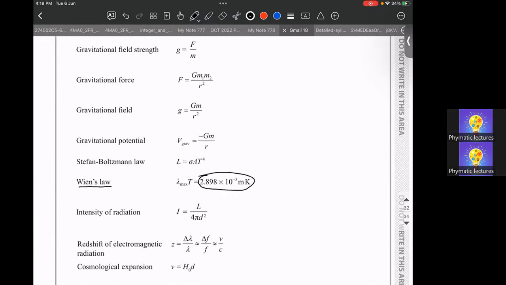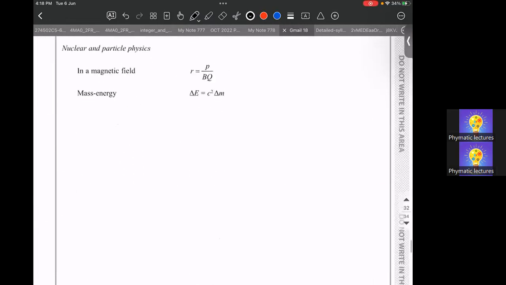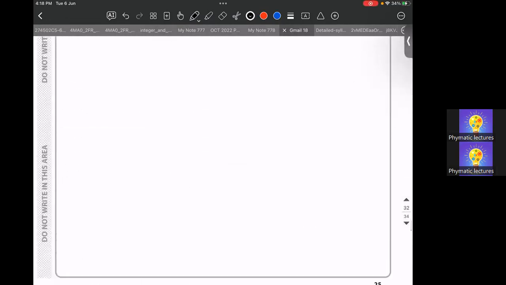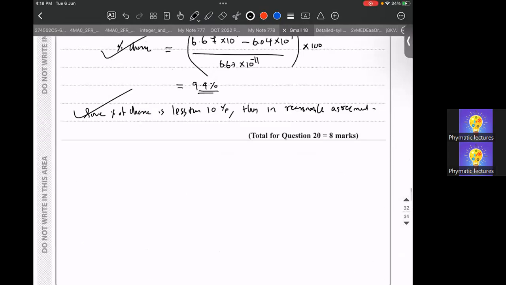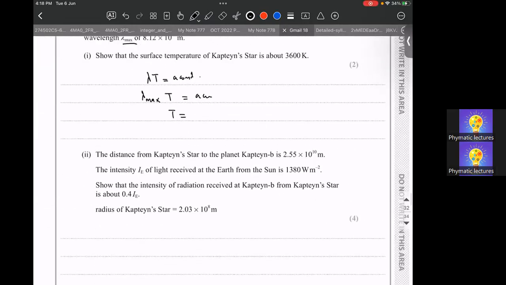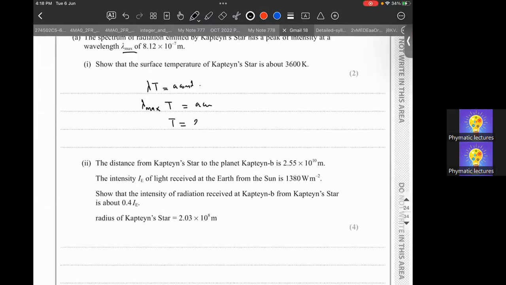What is that value? Wien's constant is 2.898 into 10 to the power of -3. So you can plug that value in: 2.898 into 10 to the power of -3 divided by lambda max, 8.12 into 10 raised to -7.